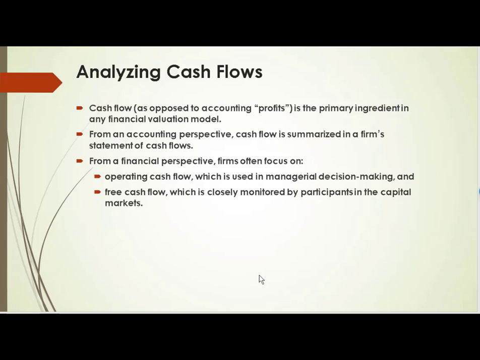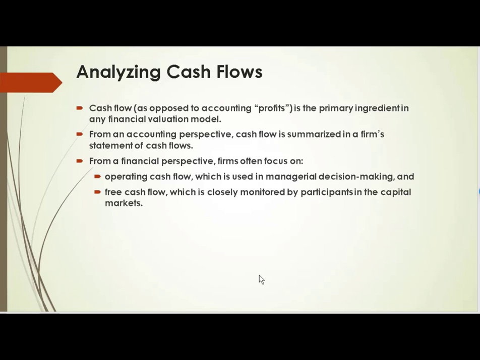So from an accounting perspective, cash flow comes from the firm's statement of cash flows. From a financial perspective, we want to focus on a couple of things. The first number we want to look at is something called the operating cash flow. This is what's used in managerial decision making.